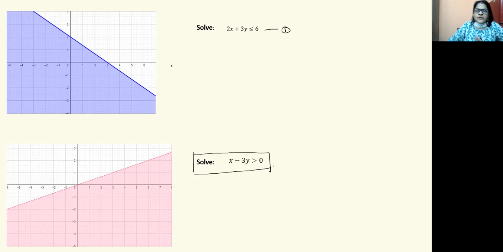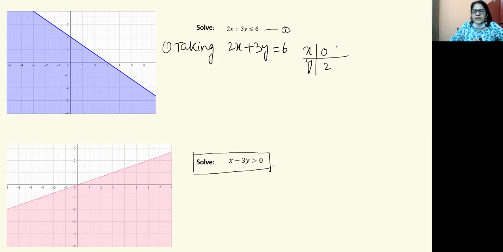Okay, so drawing the graph is the way you have drawn the graph for linear equations. Okay, nothing new here. So let us start step 1, taking 2x plus 3y equal to 6. So you can draw a table here, take any two values: x 0, y 2, right?